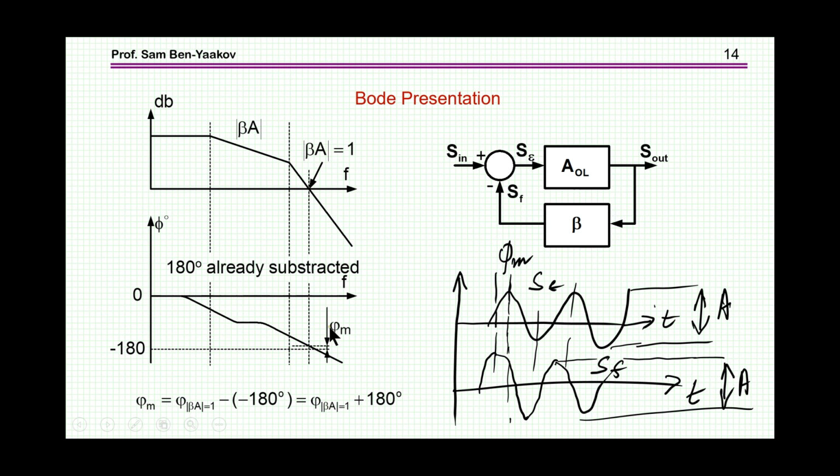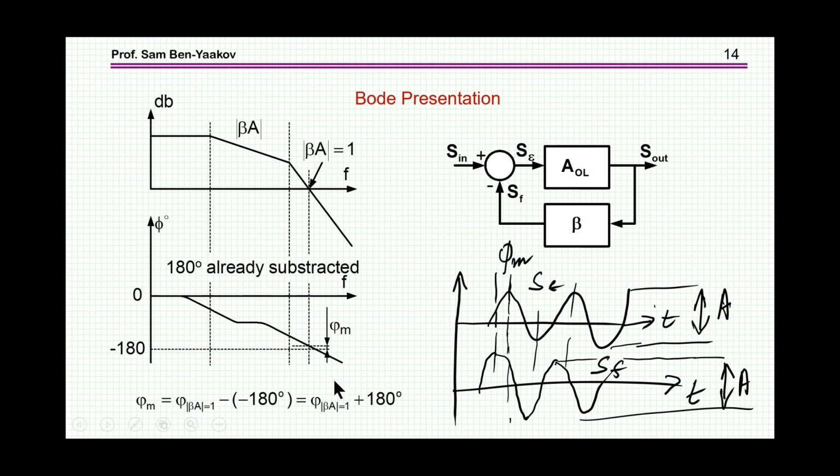This phase difference is called phase margin. And what the criteria says is if you have a phase margin which we call positive, that is, you have not reached the 180, then the system will be stable. That's what the criteria says. Now, the criteria is correct for systems that do not have a right half plane zero, so we are assuming that they don't have it.